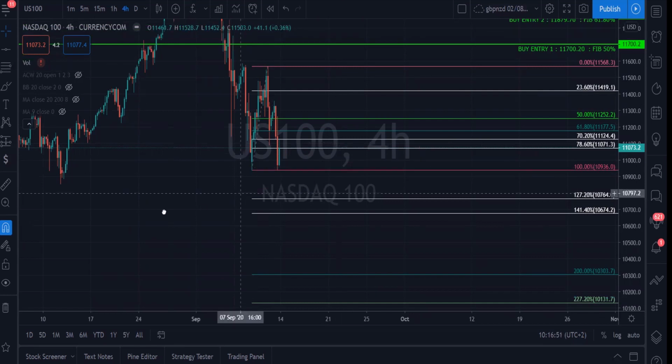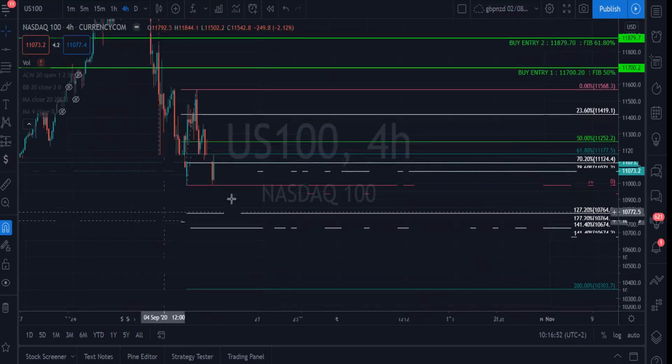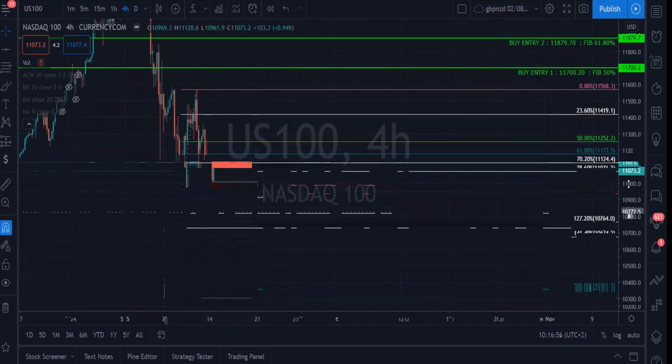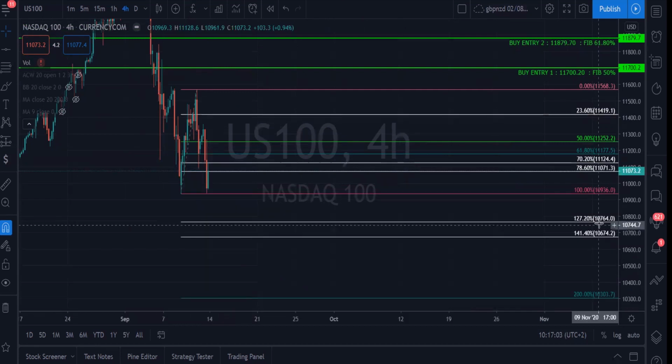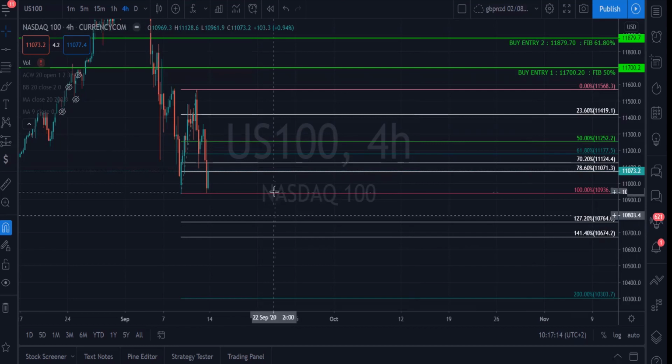So we're looking at those dates. Price currently is at 11,073.20. If price breaks down below 10,936, then you take your sell at 10,936. Okay. So you take your sell at 10,936, and you can take your profits at 10,764, and your profit at 10,674. Okay.